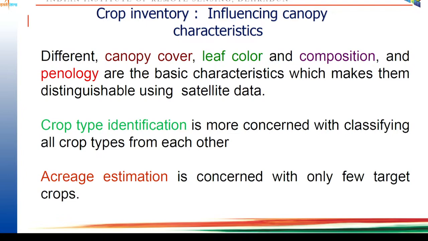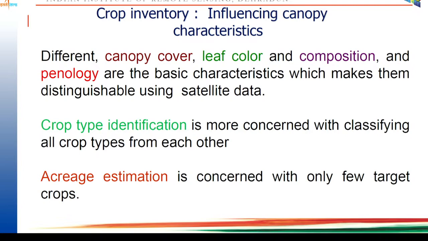If you want to discriminate all crop types in a region, it is challenging. So it is called crop discrimination or crop type identification. There are regions like Gujarat, Maharashtra, Andhra, and some other regions where multiple crops are practiced within a 1 hectare field. So it is very difficult to classify or discriminate all crops.